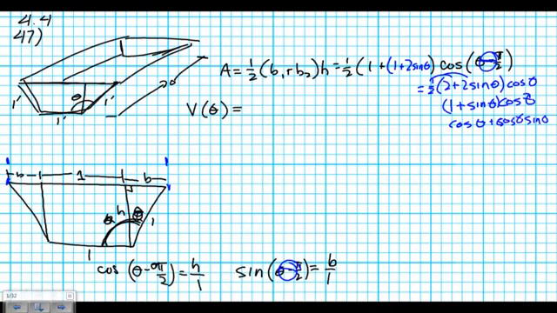So the cross-sectional area of that trapezoid ends up being cosine theta plus cosine theta sine theta, times 20.